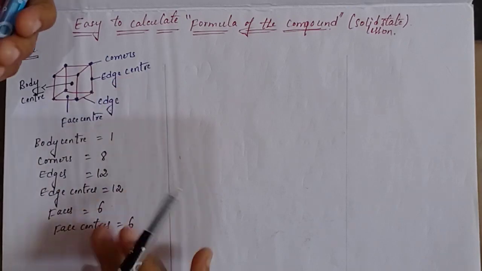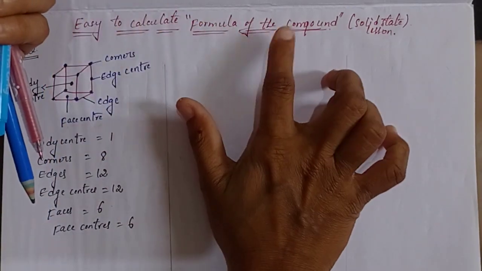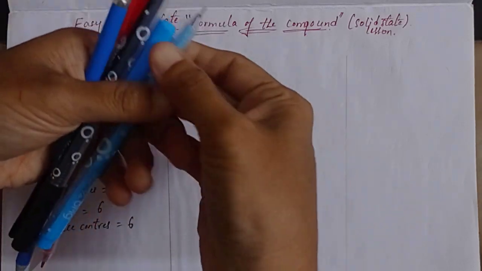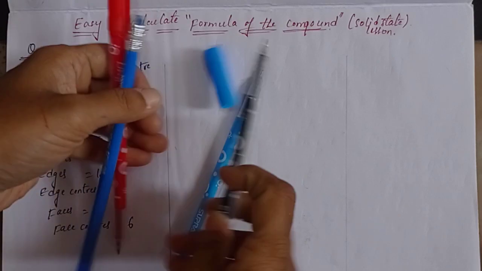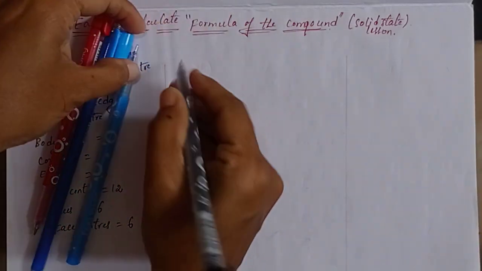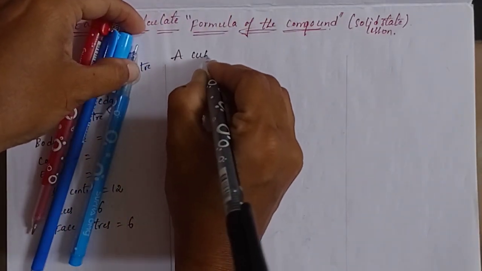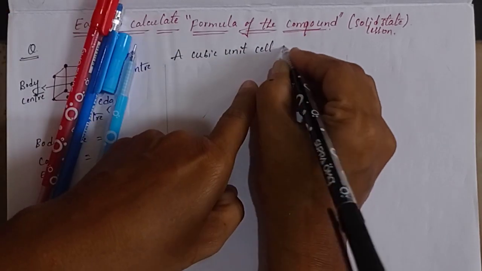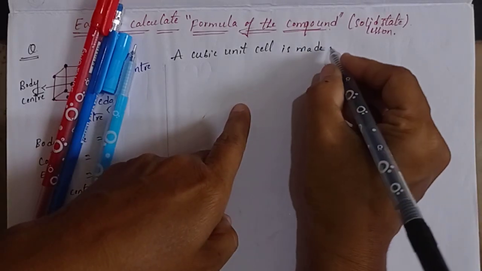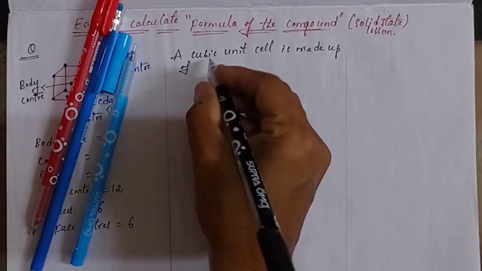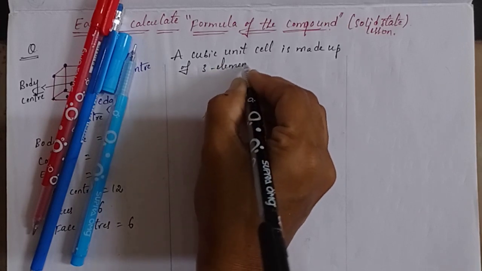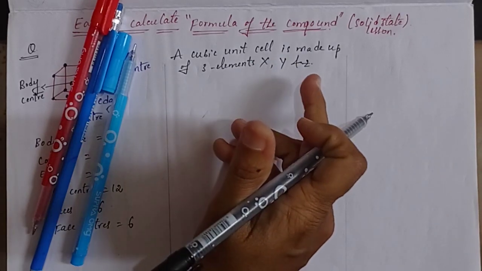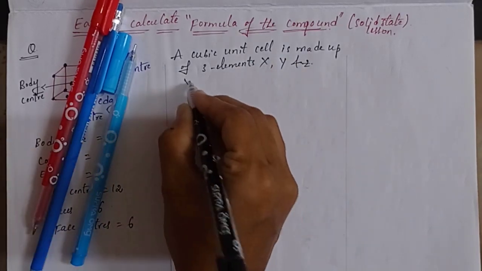Okay, now see, students, how to find the formula of the compound. So I will take one question, students. A cubic unit cell is made up of 3 elements, X, Y and Z. Now X atoms are present at the corners.